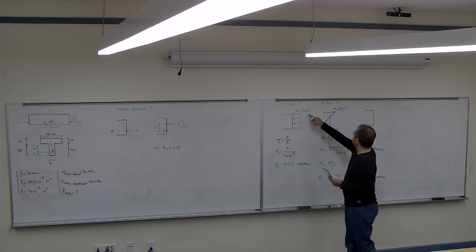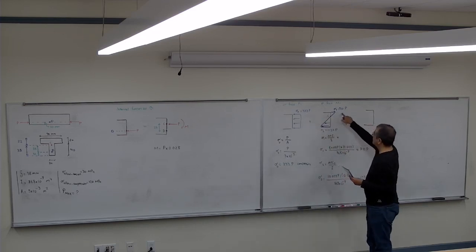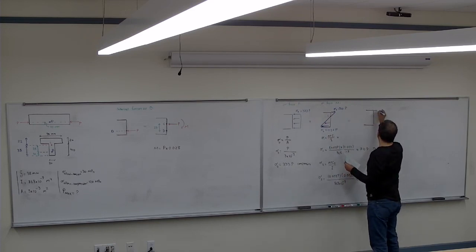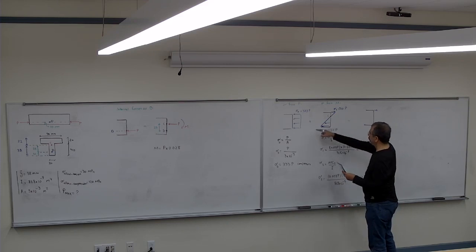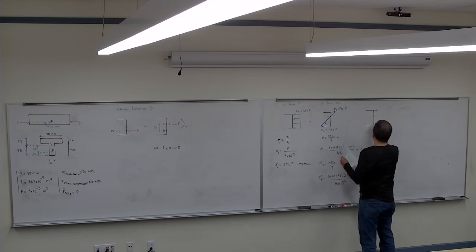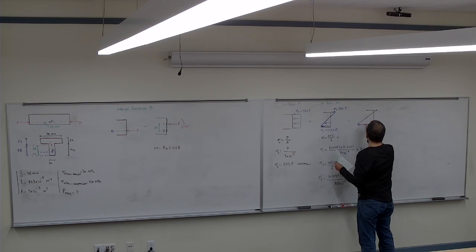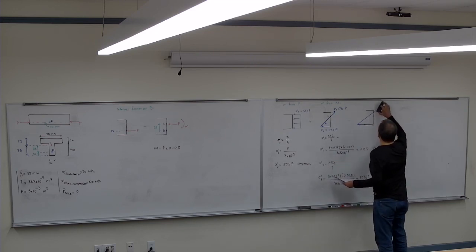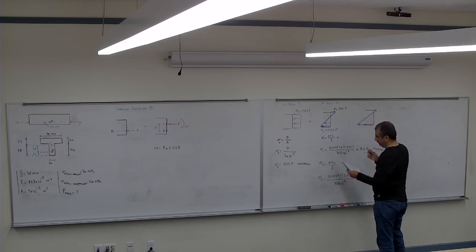So now, these two will be subtracted, so it's going to be a little bit here, and then these two will be added together, so it's going to be much larger, somewhere here. It's going to go something like this.